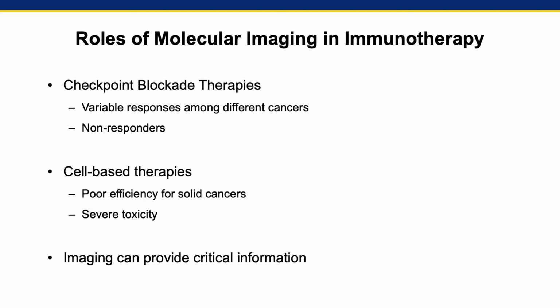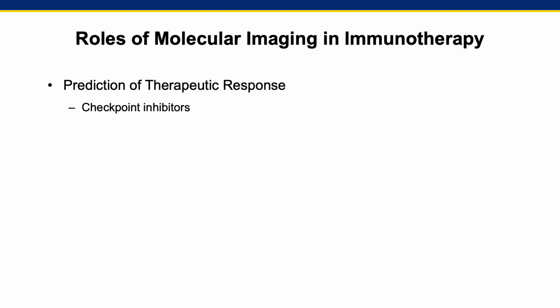Molecular imaging and immunotherapy can provide critical information for these therapies to improve their efficacy and safety. I'll give you some examples of how molecular imaging can help improve these cancer immunotherapies.